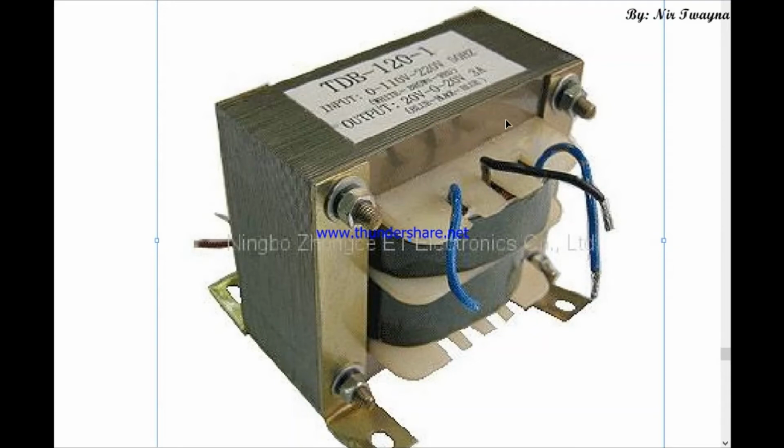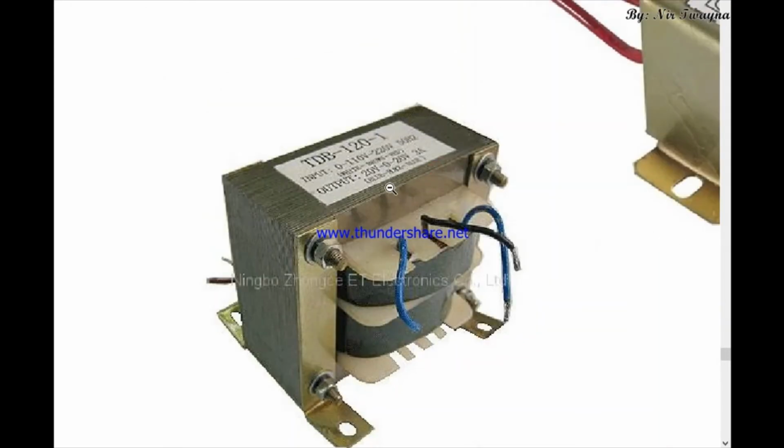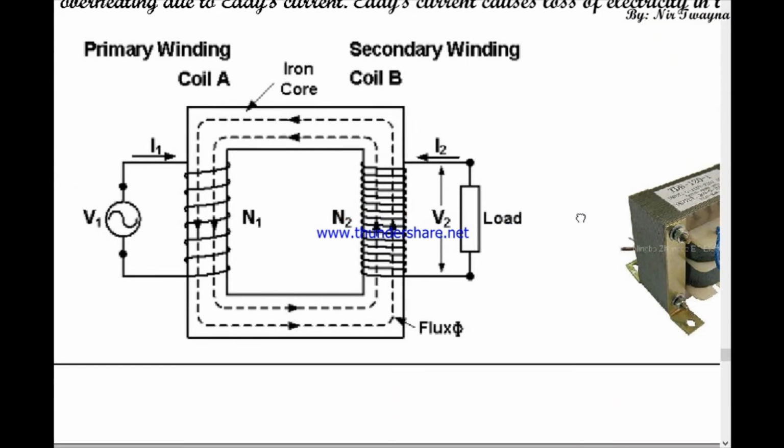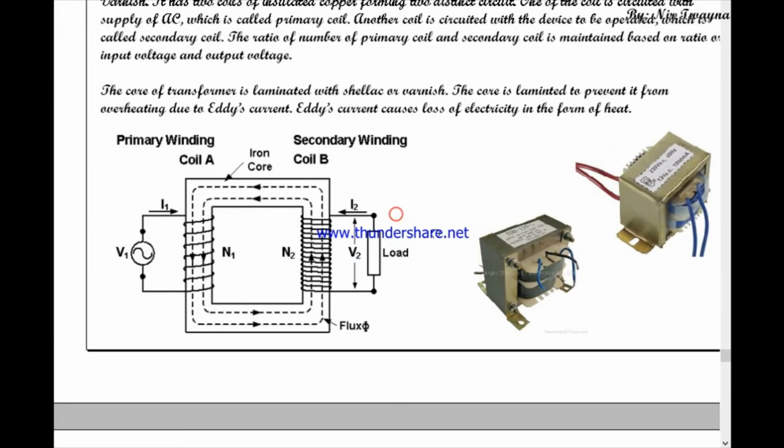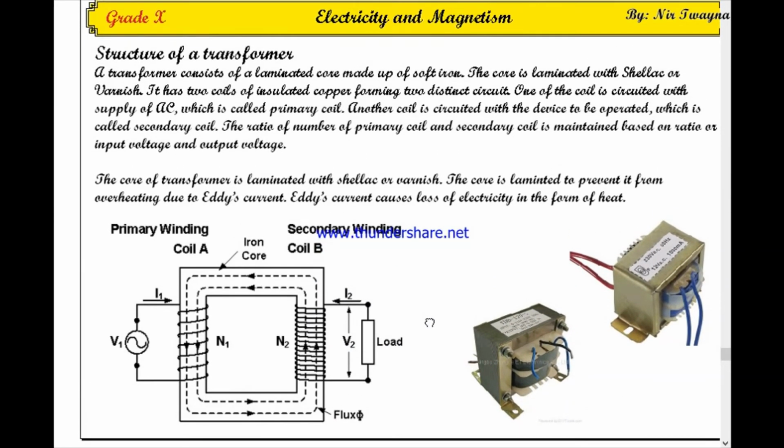That's why the current induced in one stripe will not transmit to another stripe. In this way, the amount of current induced within a stripe can be reduced, eddy current will be minimized, and overheating of the core can be prevented, so that the efficiency of the transformer can be maximized.